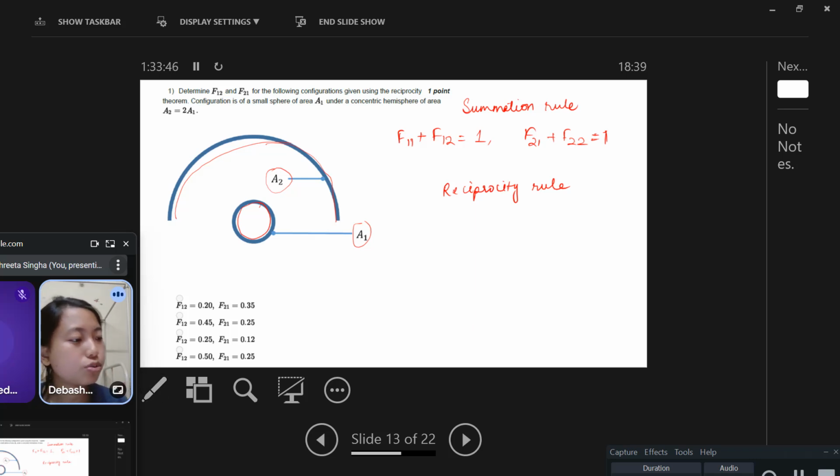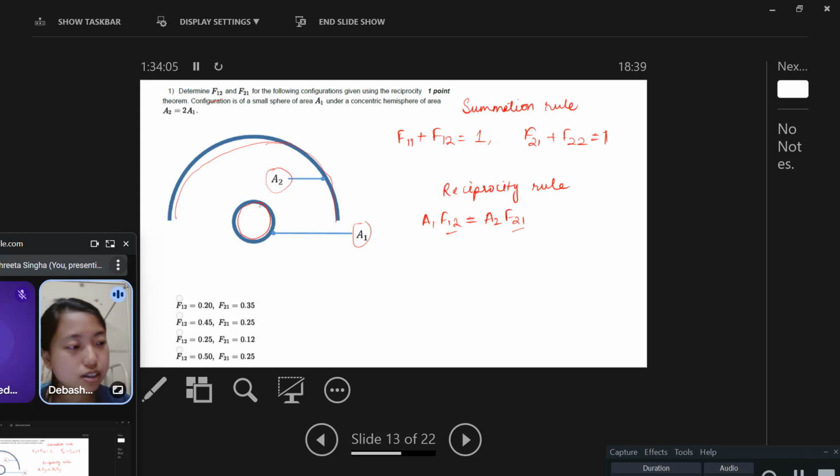In the reciprocity rule, we have A1 F12 equal to A2 F21. What they have asked to find out is F12 and F21, these two.